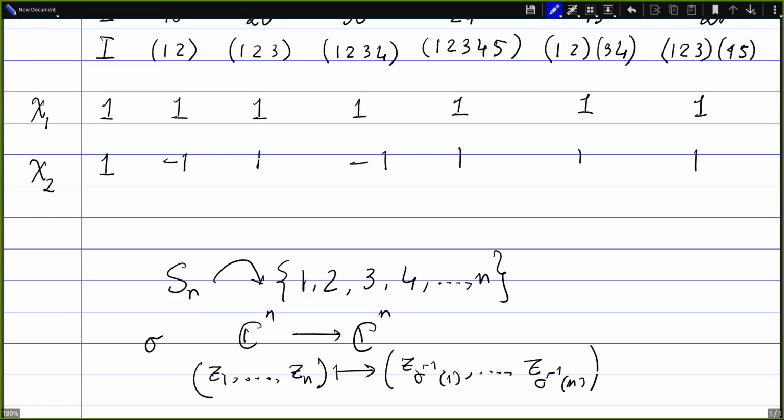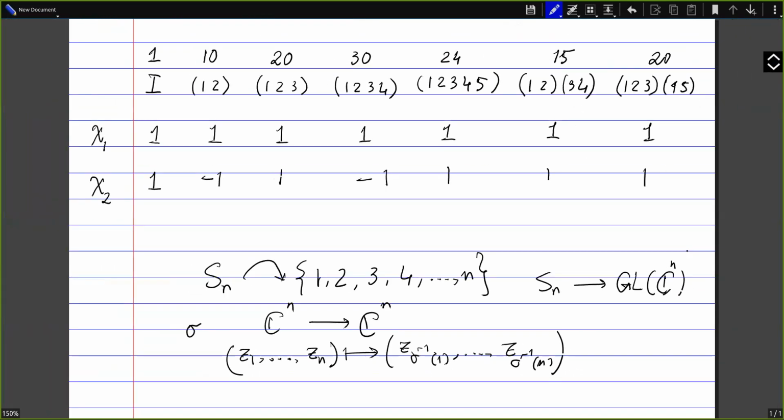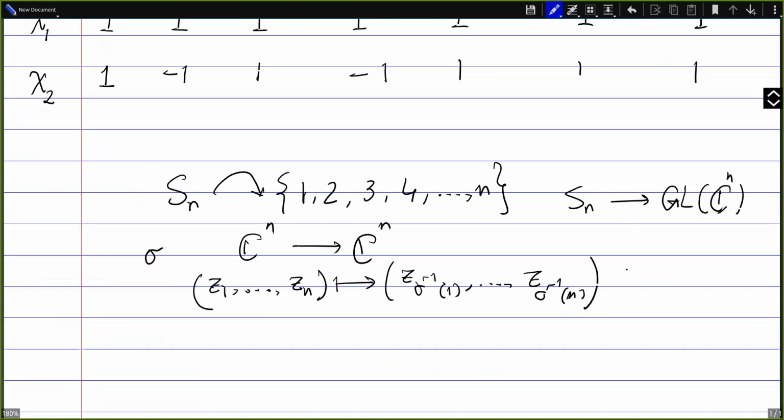For each sigma we get this linear map, and that gives us an n-dimensional complex representation, a homomorphism of Sn. This is called the permutation representation, and let's denote its character by chi.